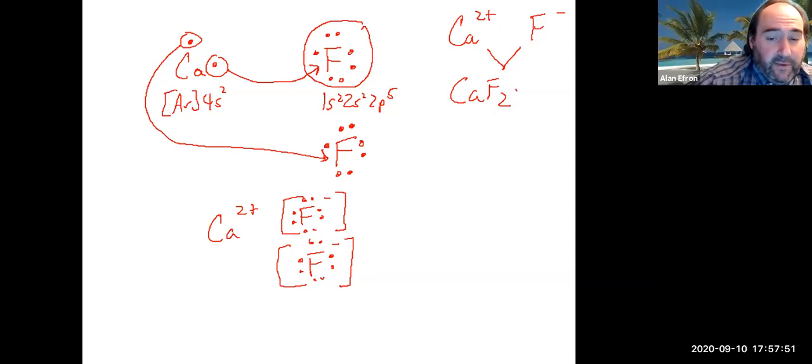And the reason that we actually do need the 2 is really for this reason. If we only had one F, calcium will never make it to the noble gas configuration. It needs both fluorines here to actually end up at the noble gas configuration. So that long sort of story of where they tell you you need to balance out the charge, get it to 0, the real reason is this reason right here.